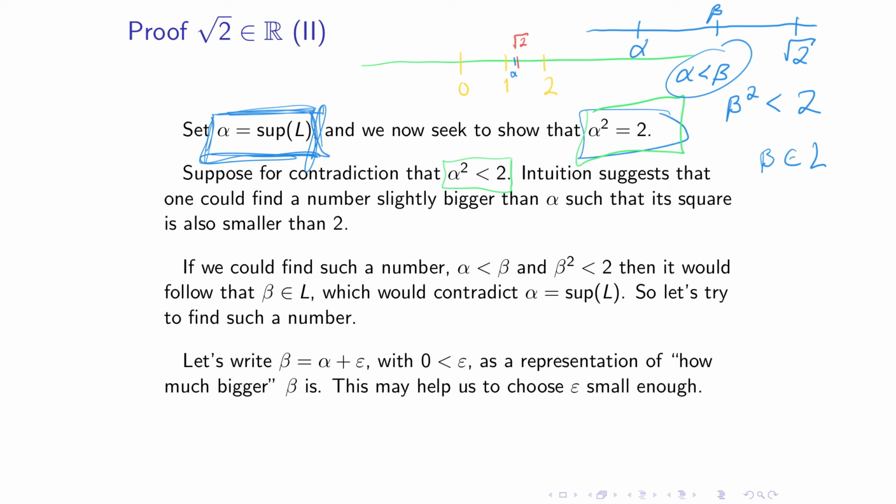So alpha cannot be an upper bound, and that would derive a contradiction because the supremum is by definition an upper bound. So that would be the source of our contradiction.